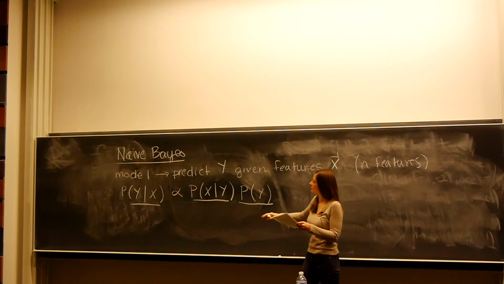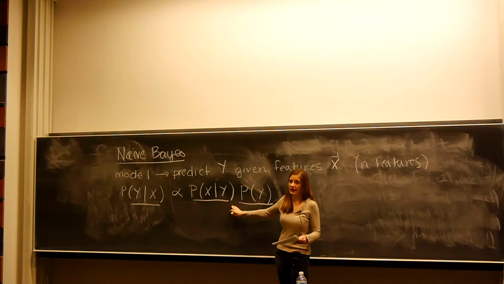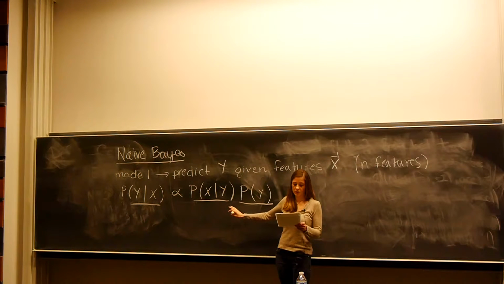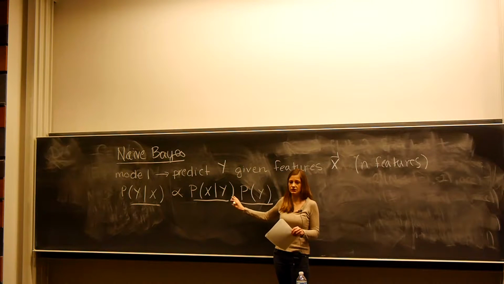But what does the distribution of x given y look like? Well, the problem is that if you have a whole bunch of features, then this can be a pretty complex distribution with a ton of parameters, right?